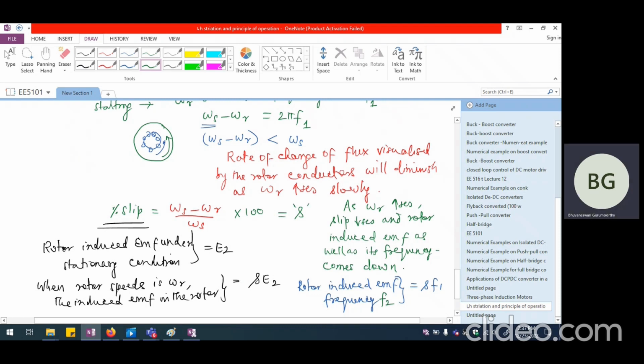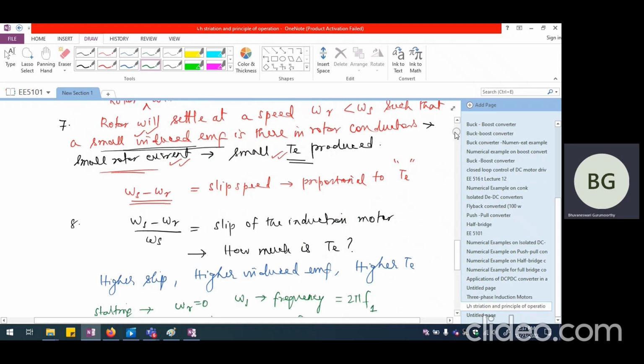Just to summarize this once again, the principle of operation of the induction motor is somewhat like this.